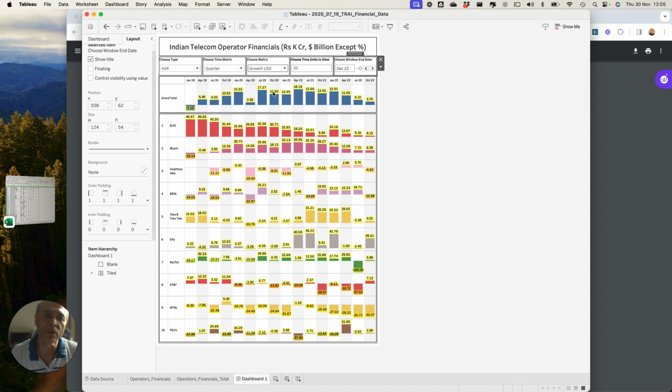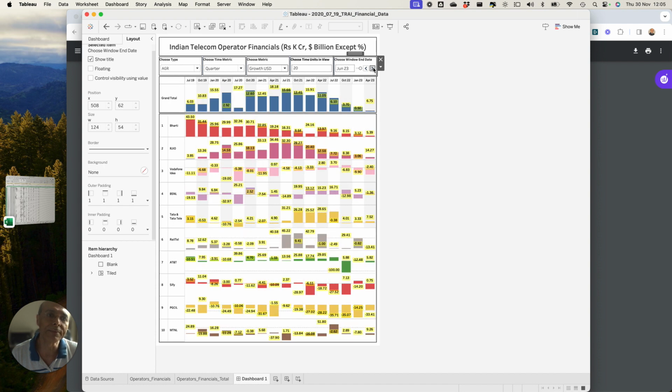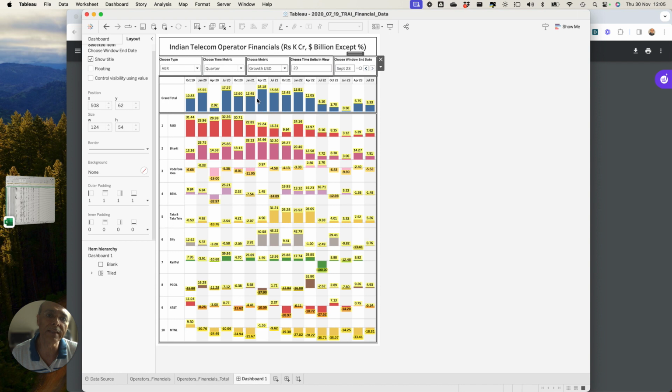It was growing till April 21. There was a growth in dollar terms quarter by quarter. Then there is a trend down as far as the total growth is concerned. If I bring it back to the current window, you see that the trend continues. So there is a dip in the overall growth, which is very clearly consistent with the rupee weakening and the dollar strengthening, and that's why our growth is dipping. Okay, so this is in a nutshell.